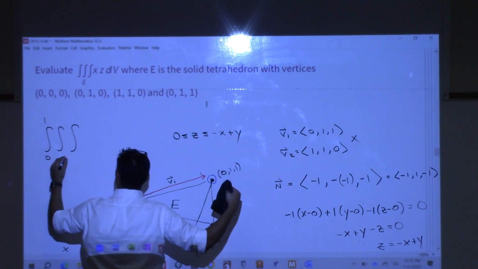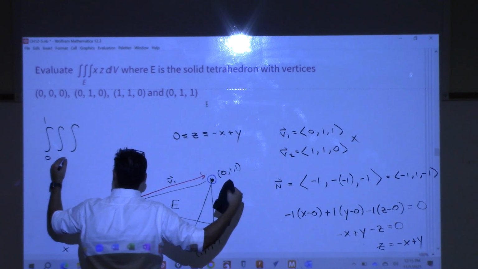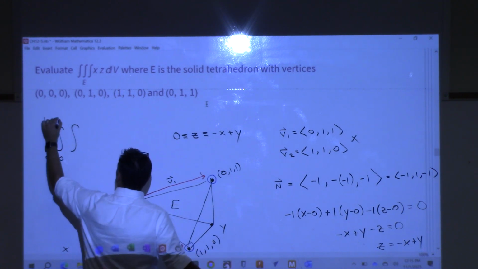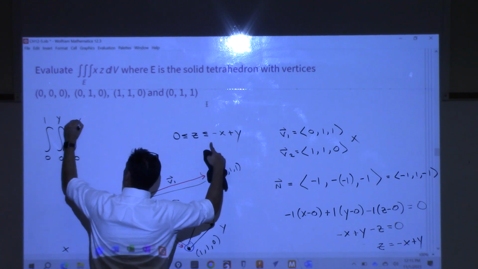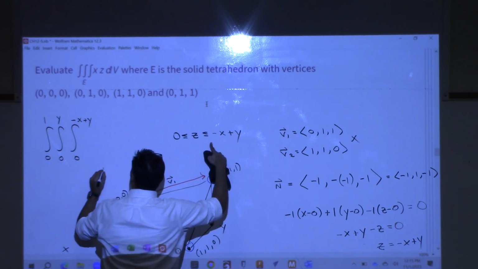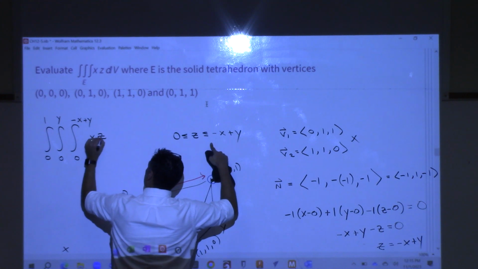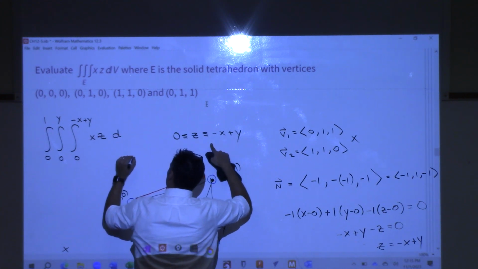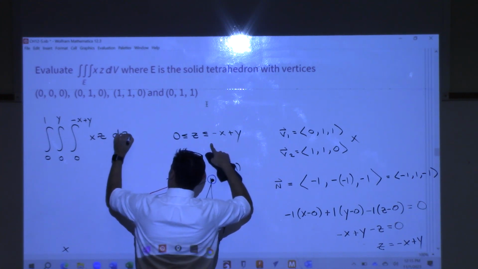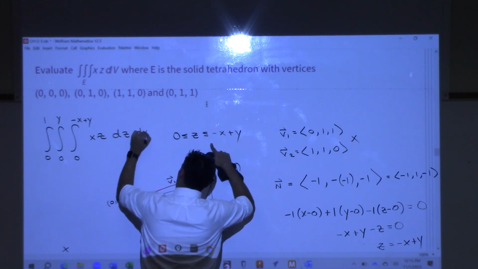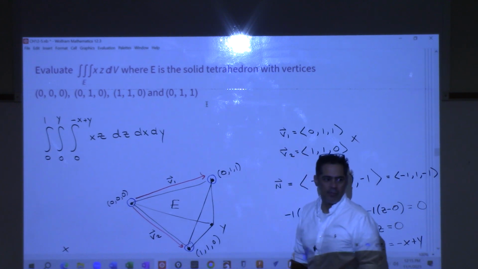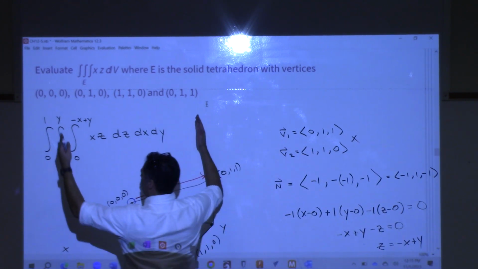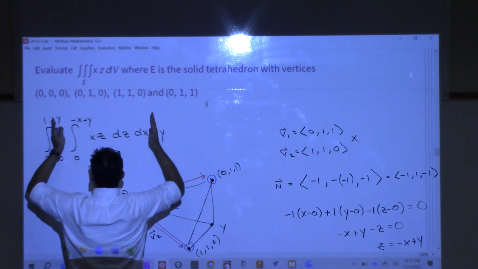Then my x was, don't tell me. Yeah, 0 and y. And then my z we just got here was 0 to negative x plus y. And then we're integrating xz dz dx dy.